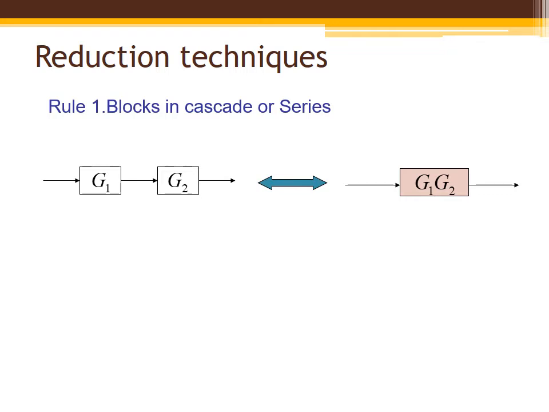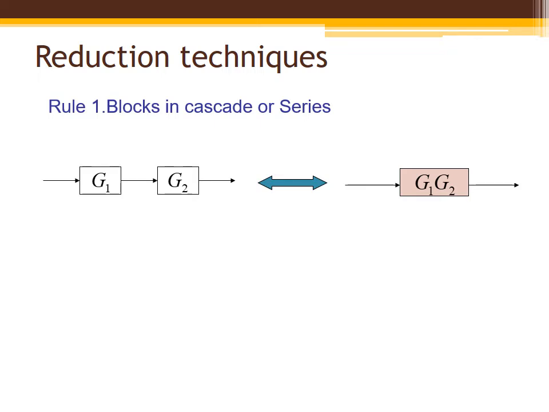We will start with rule 1, that is blocks in cascade or in series. The gains of blocks connected in cascade get multiplied with each other. Here there are two blocks with gains G1 and G2, so at the output we get the multiplication of both gains.